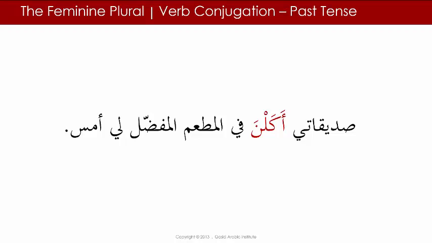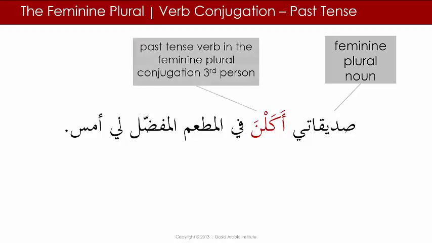Here, أكلن with a fatha on the noon is feminine plural. We have صديقاتي, which is a feminine plural noun, and now we have to conjugate أكلن as feminine plural because the doer of the verb is a group of three or more females.